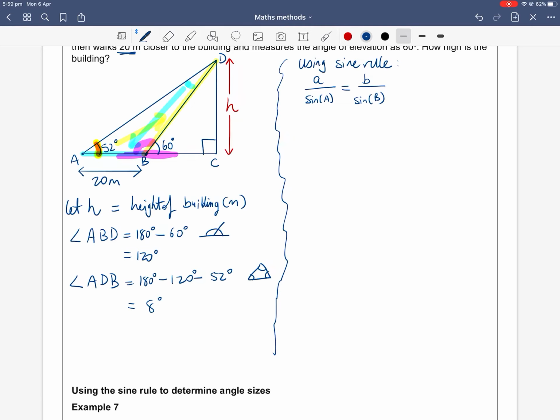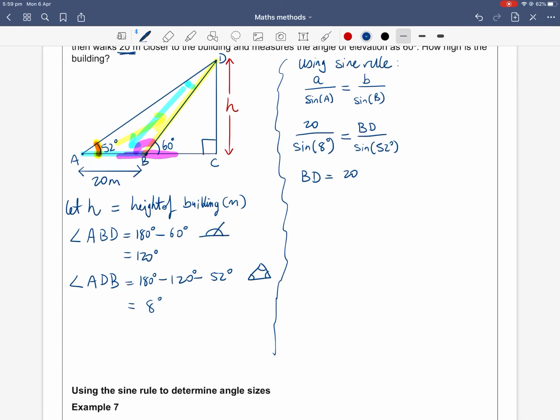It really doesn't matter which one's A, which one's B. So the side length we know, 20, corresponds to the angle of 8 degrees, because that's the blue side and the blue angle. And the side of interest, BD, has a corresponding angle of 52 degrees, because that's opposite to each other.